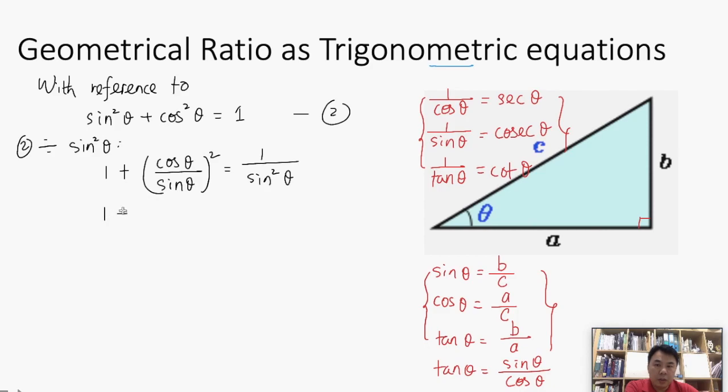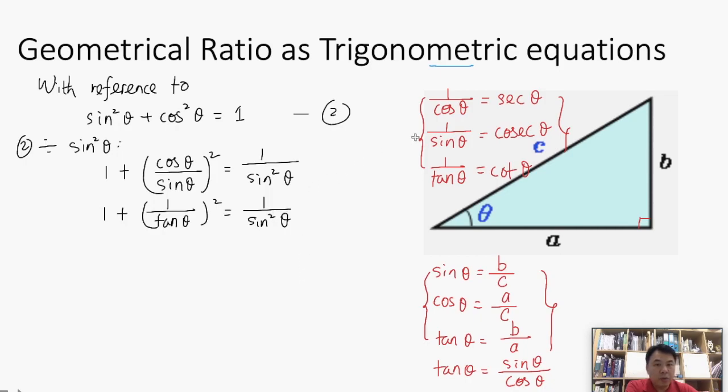Now from here, we notice that cosine theta over sine theta is basically the reciprocal. This is actually the reciprocal of tangent. So I can actually write it down as the reciprocal of tangent square. This one I will fix as sine square here.